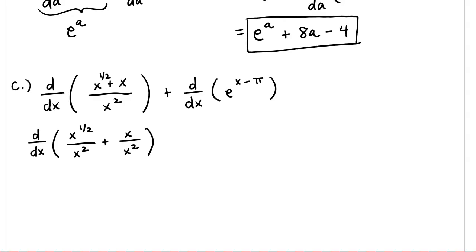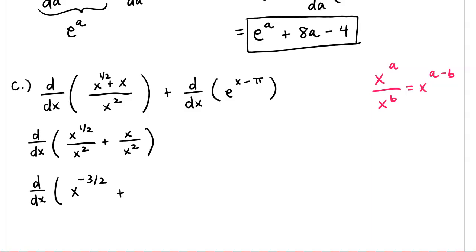And now we can simplify that even further, and we would have the derivative of, remember from exponent rules that if I have x to the a power over x to the b power, this is equal to x to the power of a minus b. So 1/2 minus 2, that will give me negative 3/2.